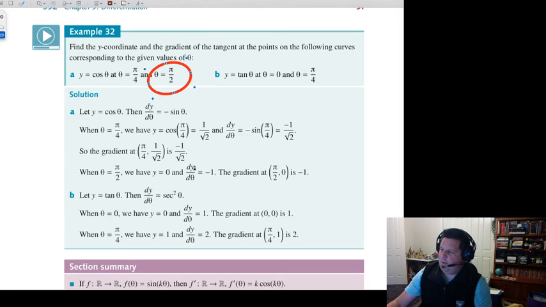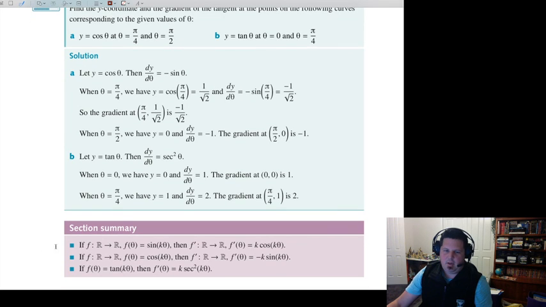From there, we can work out the derivative when it's pi on 2. Substituting pi on 2 into the derivative, we get negative 1, and we can write it out in full there. I'm not going to spend any more time going through this one. The same process happens here, and you can read through that and understand it.